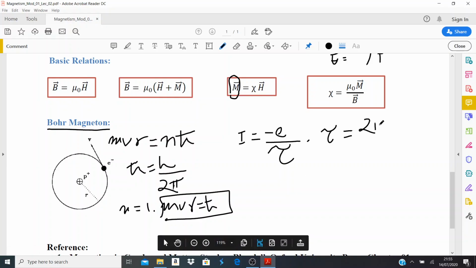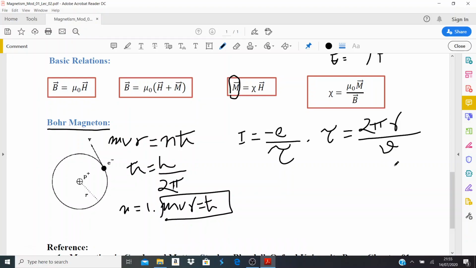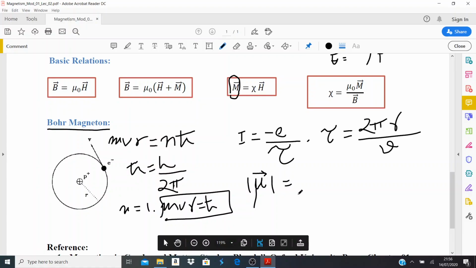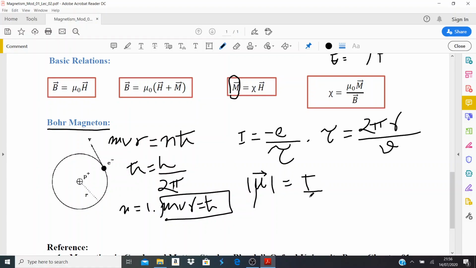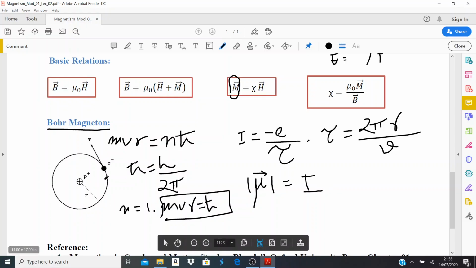It's the path, twice pi r, the circumference of this circle, divided by the velocity of the electron. Now, we know from a couple of minutes ago that the magnetic moment is defined as the amount of current times the area of this loop, which is pi r squared.